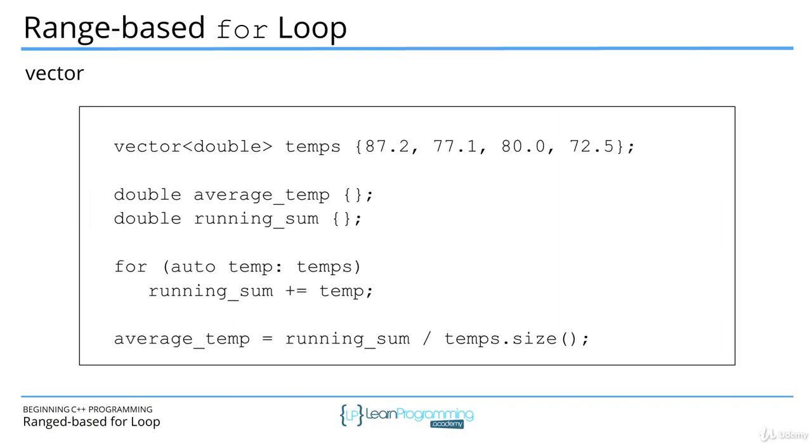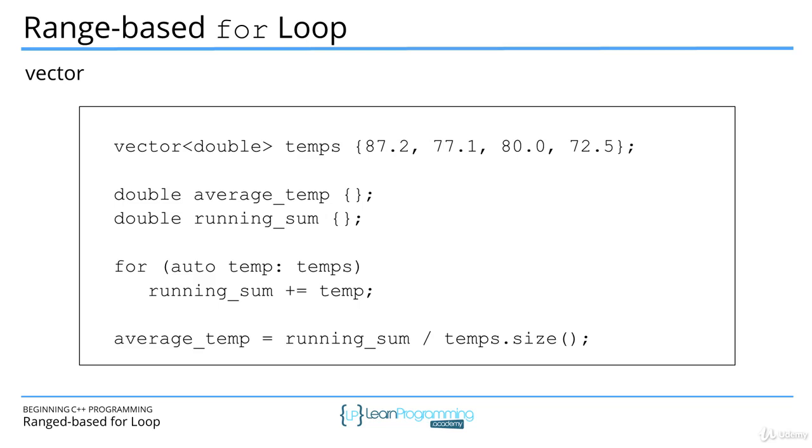In this example, we want to calculate the average temperature from a vector that contains doubles that represent temperatures. The vector in this case is called temps, and it contains 4 doubles. In order to calculate the average temperature in this vector, we need to iterate over the vector, access each temperature, add them all up, and divide by 4. That's it. Notice the for loop and how simple it is.